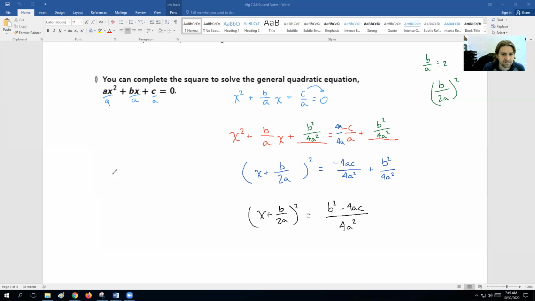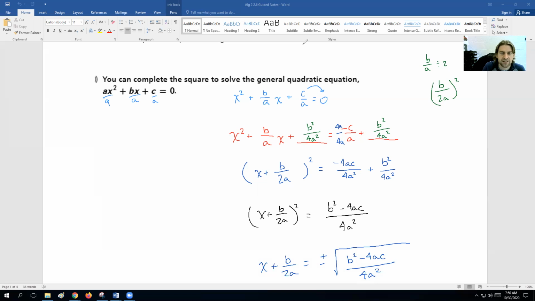Okay, I've kind of run out of room, so I'm going to put more of it here. When we get to completing the square, this is all a really generic expression so far. The next thing we do is take the square root of both sides. So I get x plus b over 2a equals plus or minus the square root of b squared minus 4ac all over 4a squared.